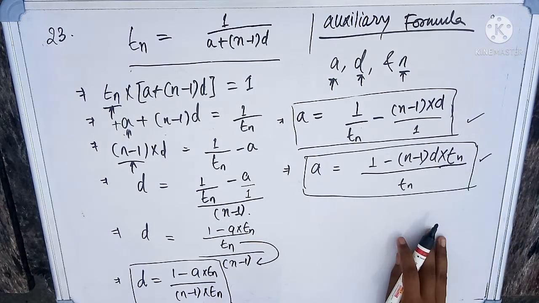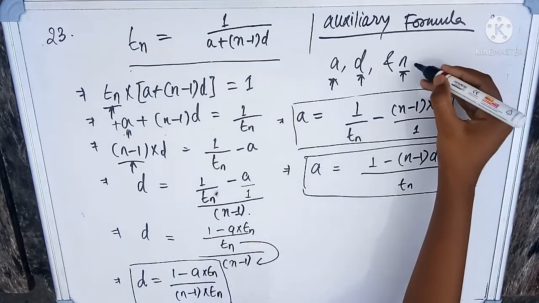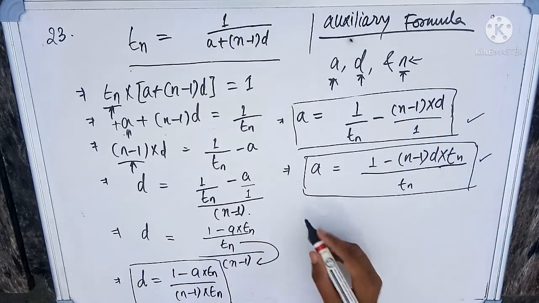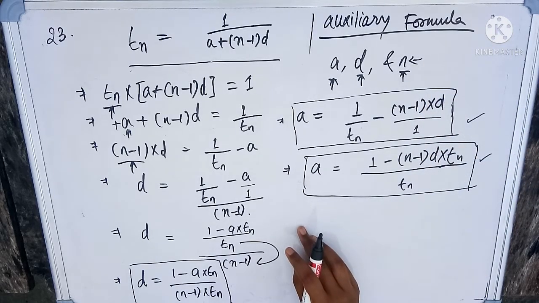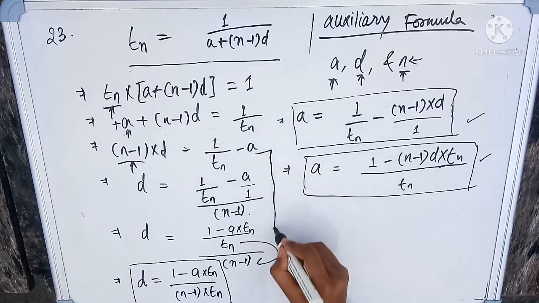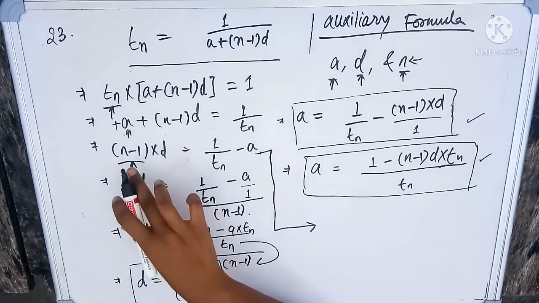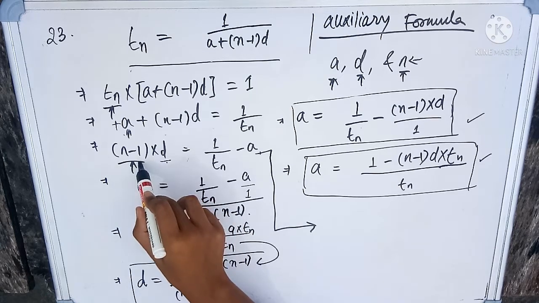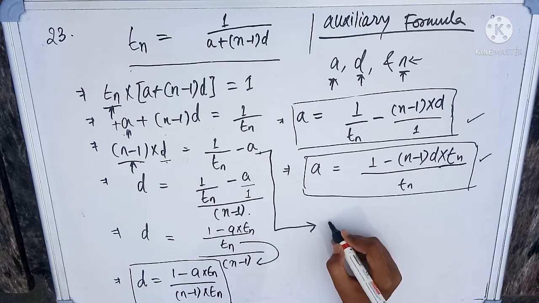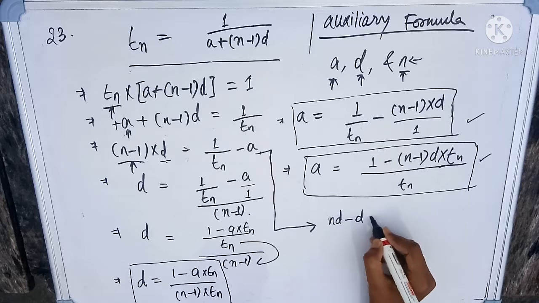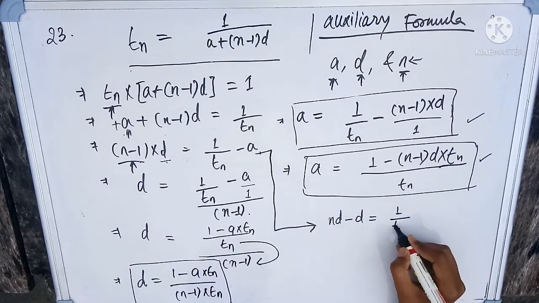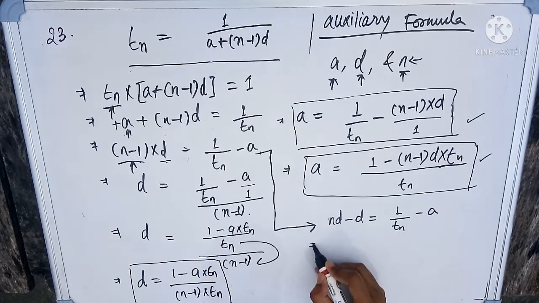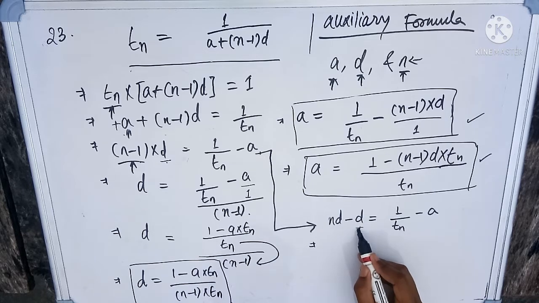Both are correct. Now next we have to find out the formula of n by making n the subject. So for making n the subject, we will proceed here from this term. Now to make n the subject, we have to multiply this d into the inside of the bracket. So it can be written as nd minus d is equal to 1 divided by t of n minus a. And in the next step, we will move this d from here.